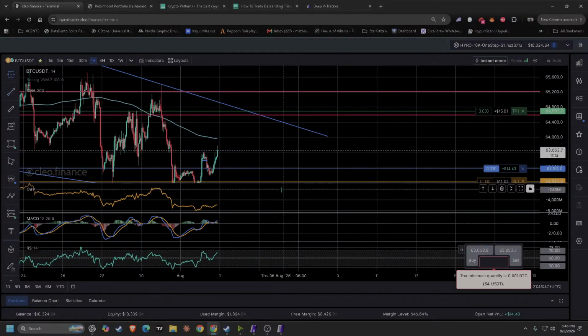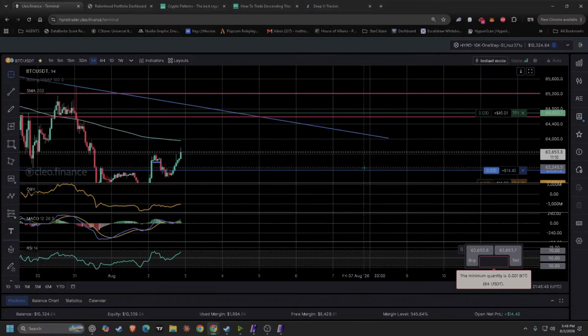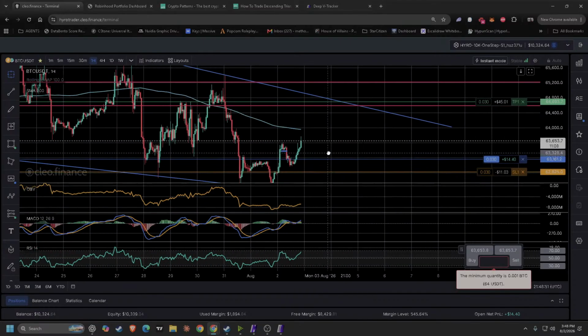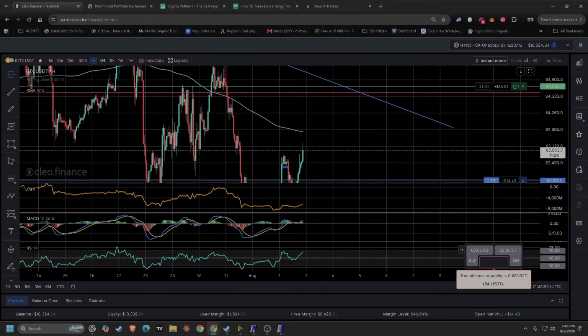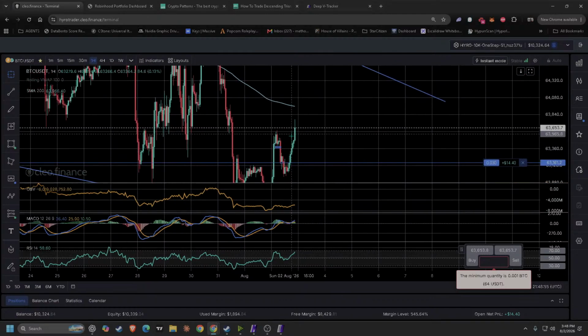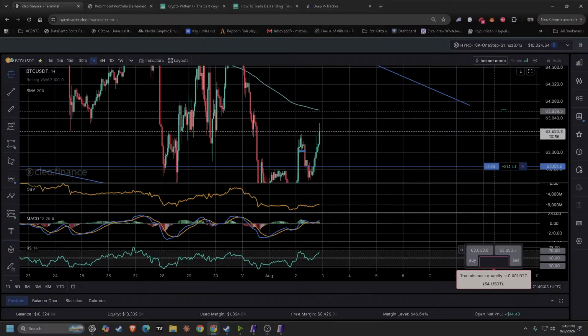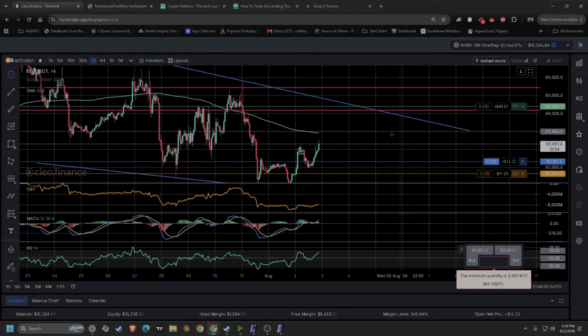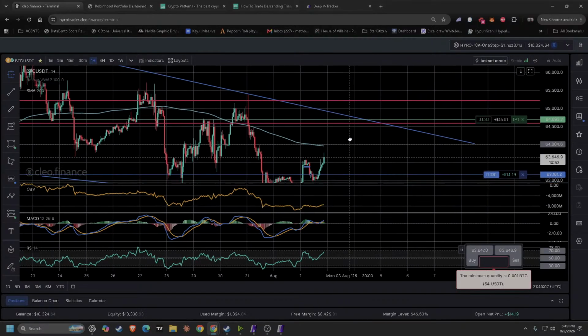I think it's already in on this candle close. This kind of wicked up, so it doesn't really count too much. It counts because it took out some of this liquidity, but VWAP is right here. So we're on our way up.